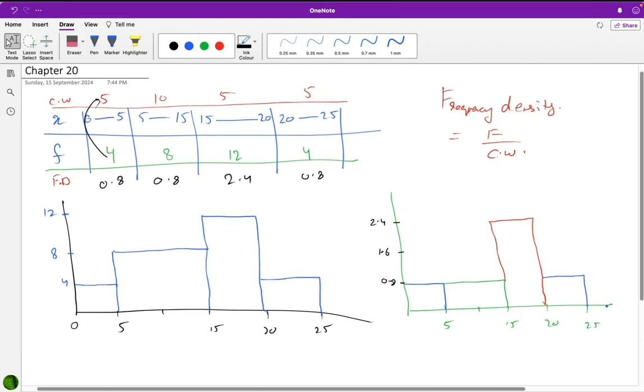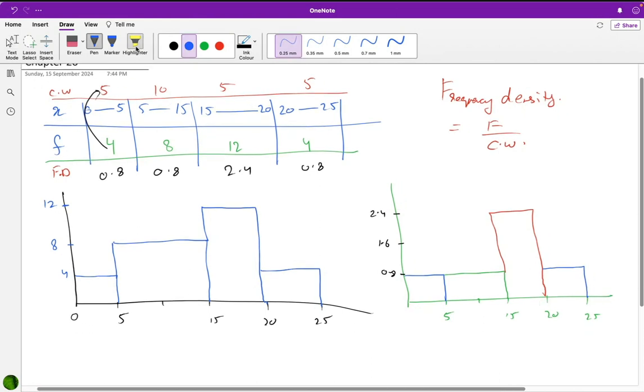Now see the difference between these. Before we make any discussion, how many people were there from 0 to 5? 4. And from 20 to 25? 4. So first and last class are equal number of people, and if I make the comparison of these two boxes, this is equal area, right?